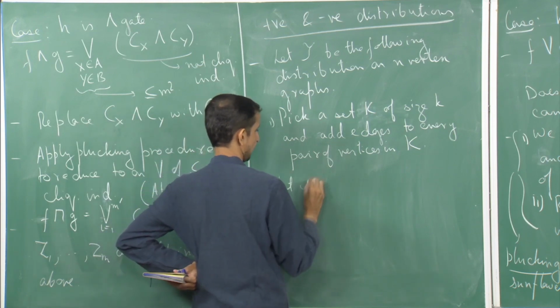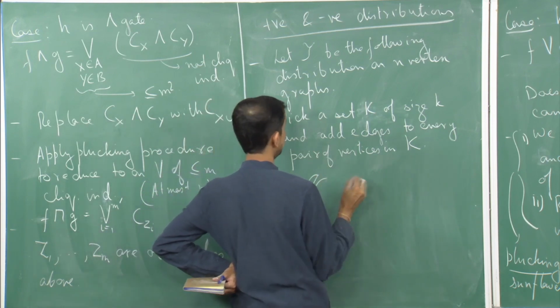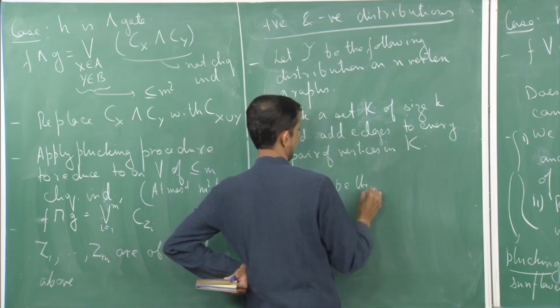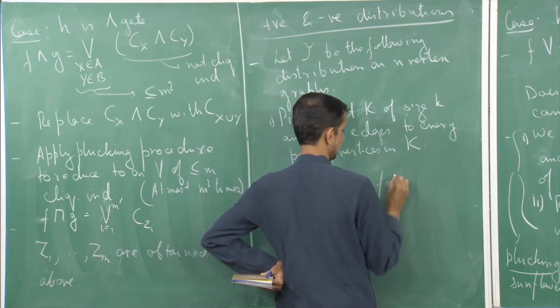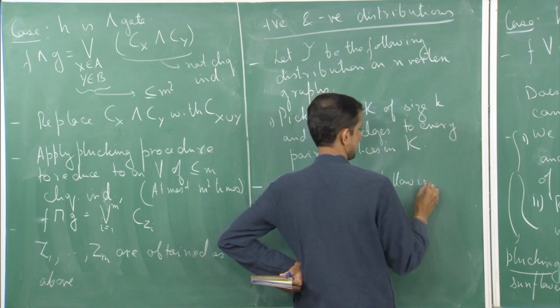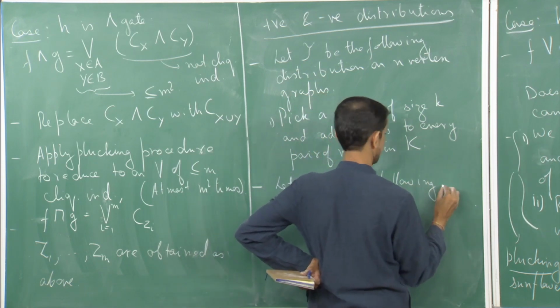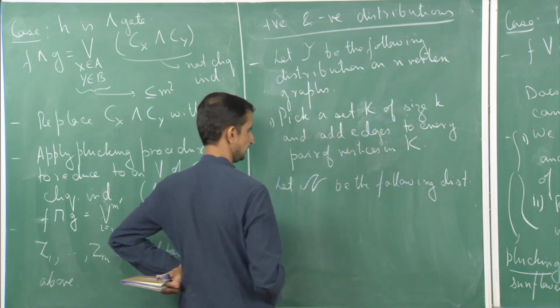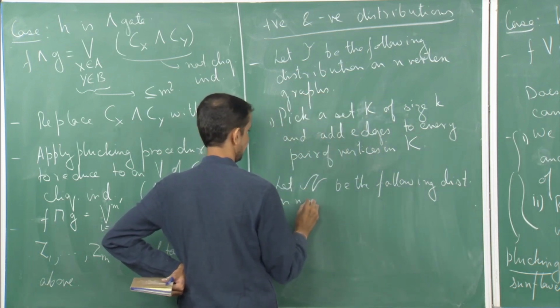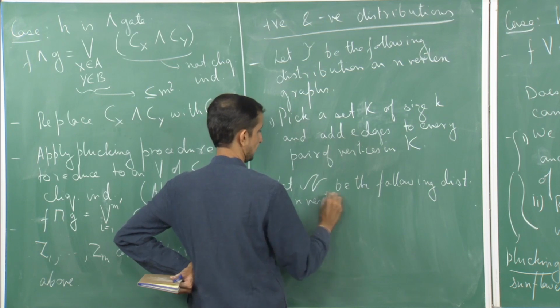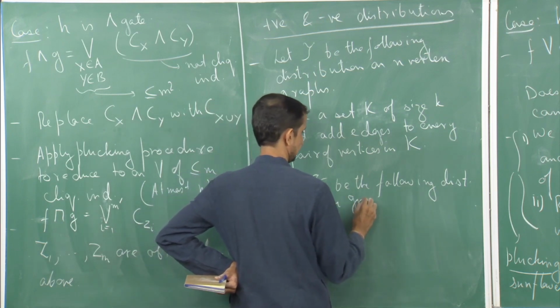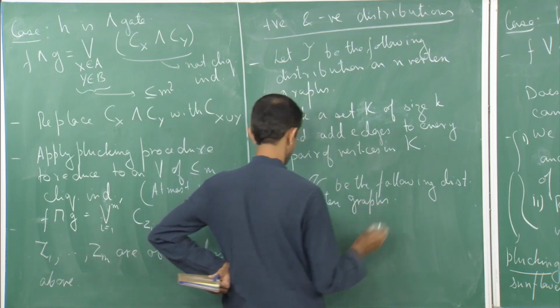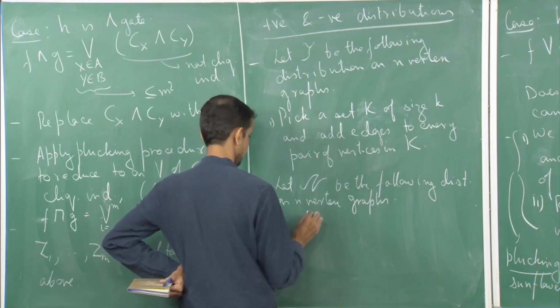And the second one: let n be the following distribution, again on n vertex graphs.